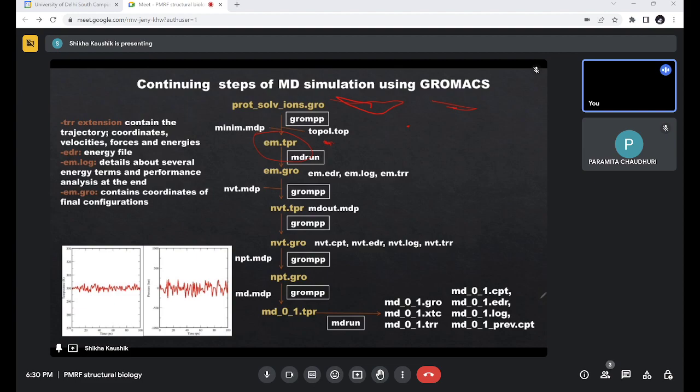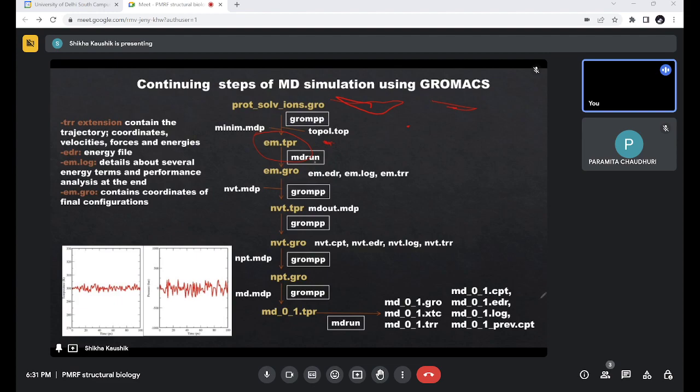The TRR extension contains trajectory files. It gives you coordinates, velocities, forces and energies. Then you have the energy file, which is in EDR format. It actually takes your file to a lower energy level.